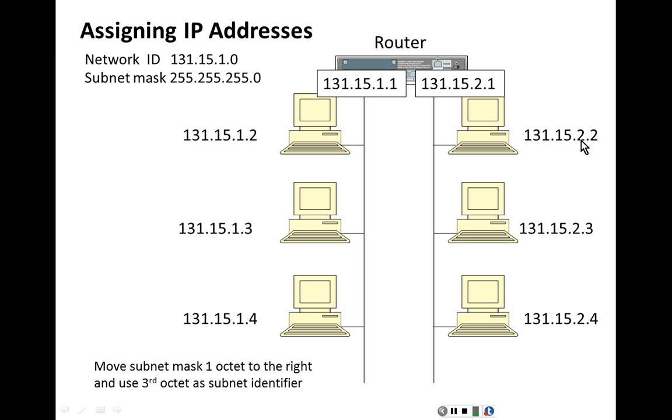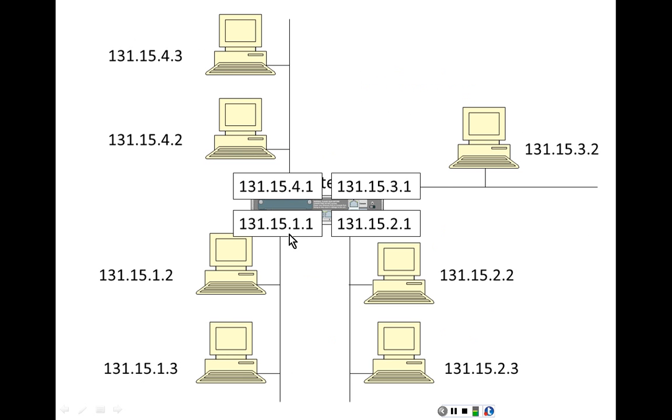And then the subnet is defined in the third octet. Now let me slide this down so you can see the other networks. So here's subnet .1, .2, and this would be our third network, and this would be our fourth network. They all start with 131.15, and the host IDs are .2, .3, .4, etc. But what differentiates them is the third octet is used for subnet ID, and this is what subnetting is all about.